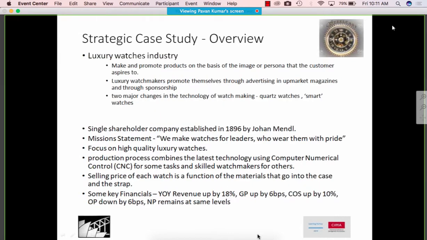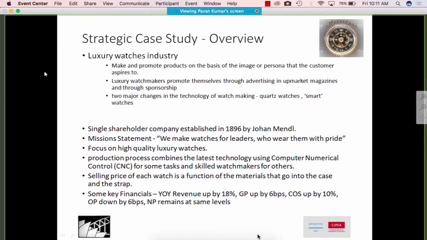Let's now talk about the strategic case study here. The luxury watches industry, that's the industry that we are given in the case study. It makes and promotes on the basis of the image or persona that the customer aspires to be.